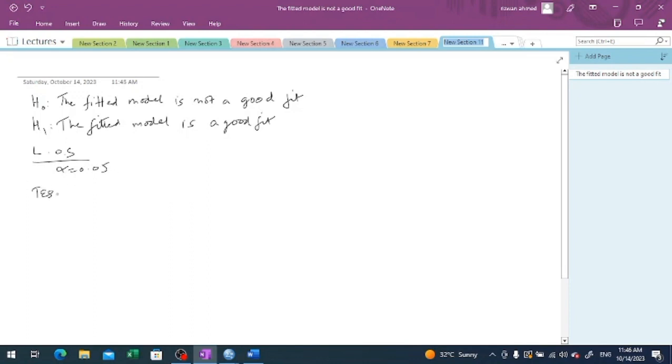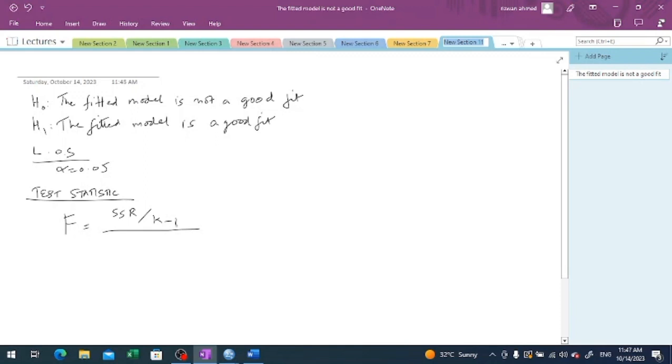Test statistic is F, that has a formula: sum of square of regression divided by k minus 1.